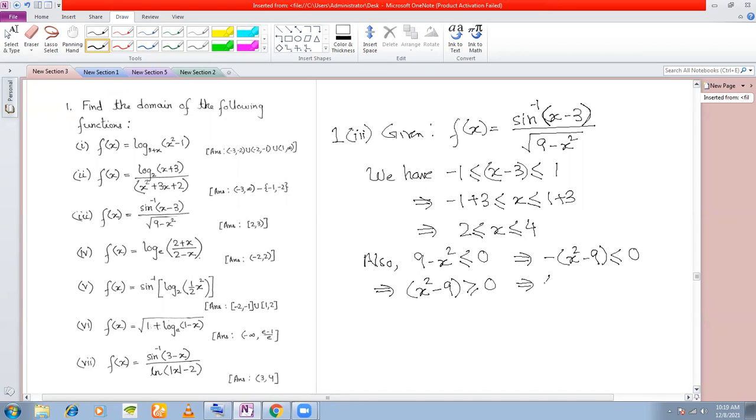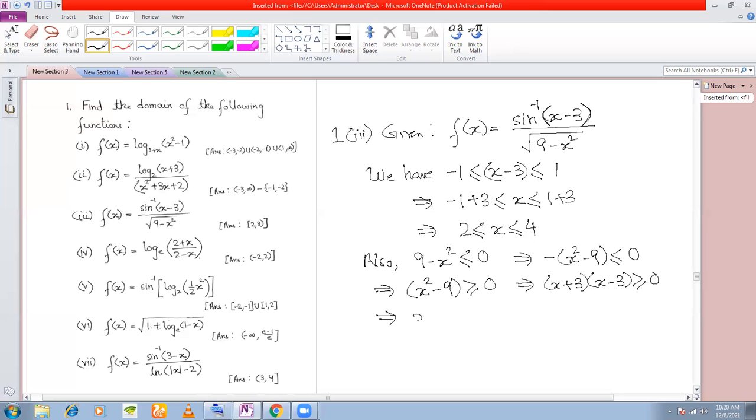So you get (x plus 3) into (x minus 3) is greater than or equal to 0. So what do you get? You see that if you put x plus 3 is equal to 0, you get x is equal to -3. If you put x minus 3 is equal to 0, you get x is equal to 3. The lower value is -3.